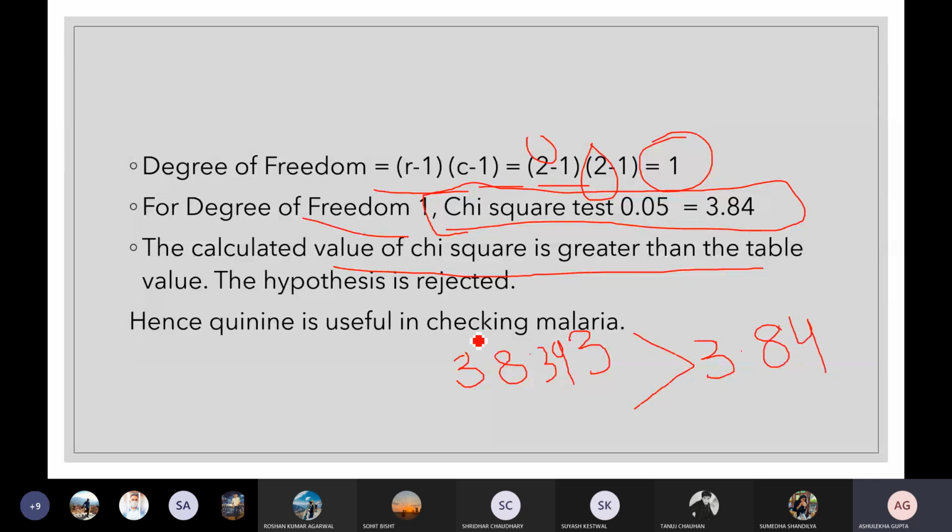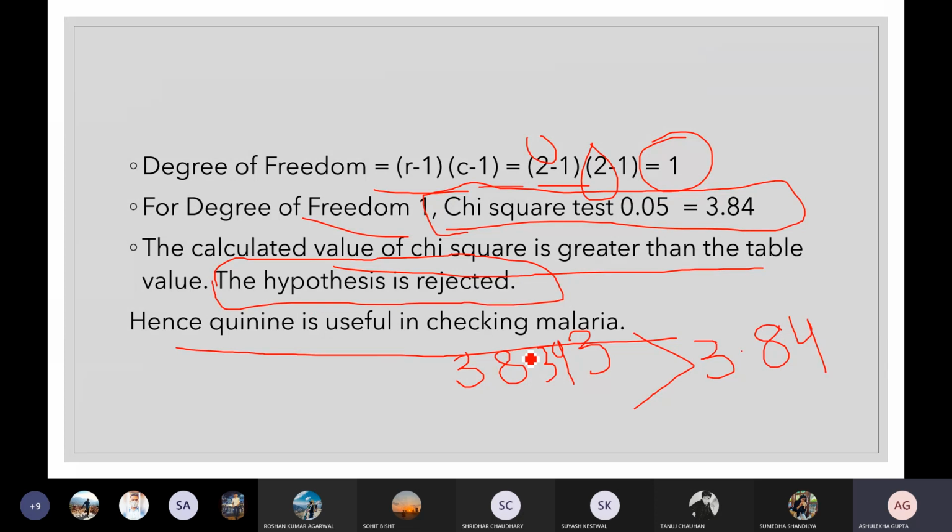It is greater than 3.84. That is why we are rejecting the null hypothesis. Hence we can conclude that quinine is useful in checking malaria.